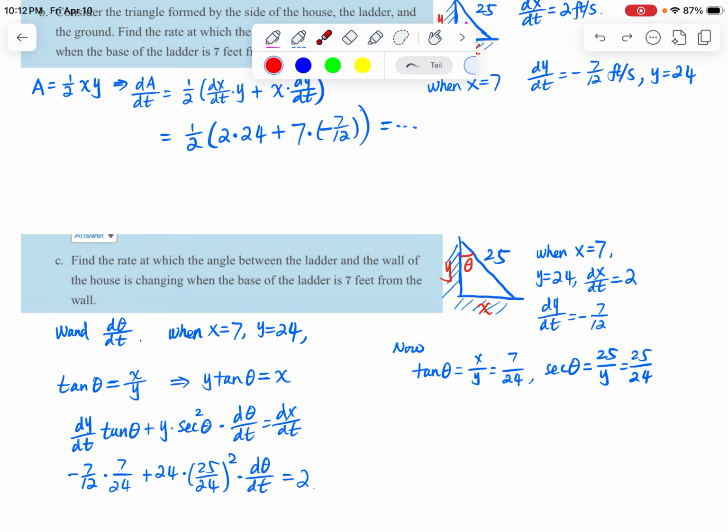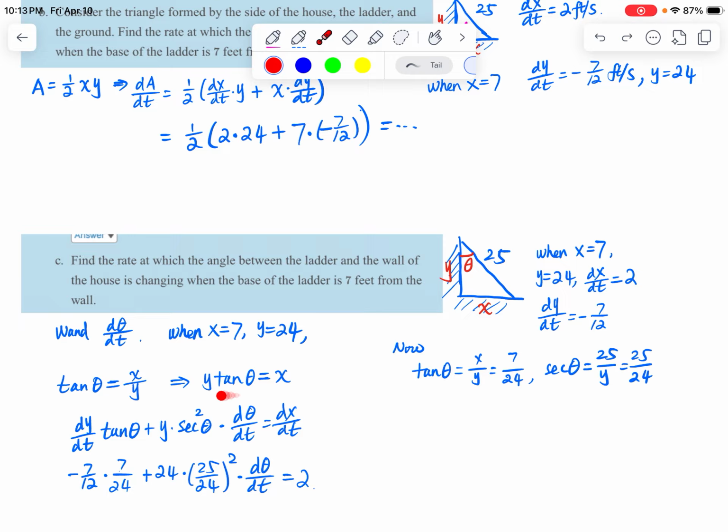In this case, I think of tangent θ. Tangent θ is opposite over adjacent, so tan θ equals x over y. This is going to be a perfect relationship to use. I need to differentiate it, and I don't like to use the quotient rule, so I multiply both sides by y. It becomes y times tan θ equals x.